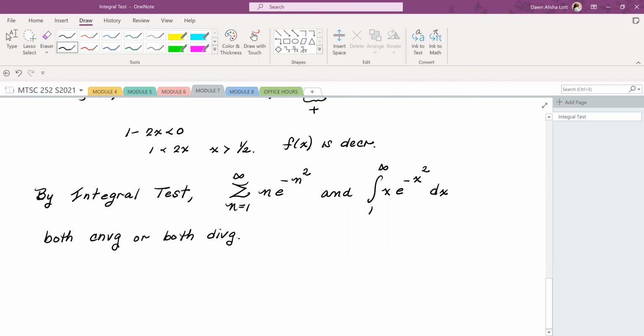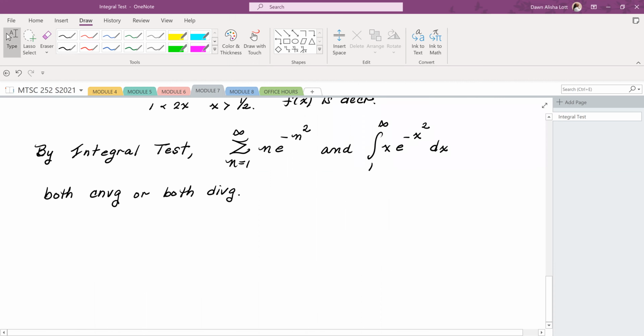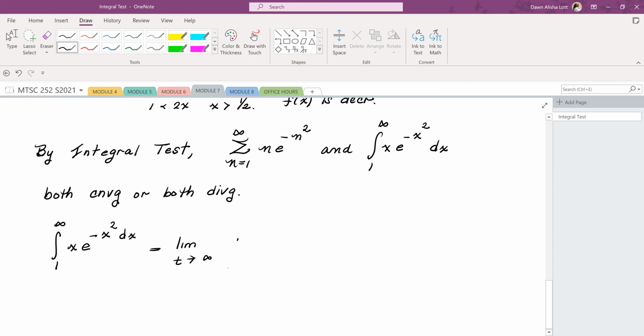So therefore, since they both converge or both diverge, let's look at this integral. So now we get the integral from 1 to infinity of x e to the minus x squared dx is the limit as t approaches infinity of the integral from 1 to t of x e to the minus x squared dx. Any questions?